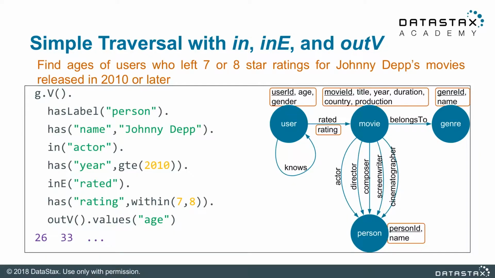Well, we can do that by again going to the Johnny Depp's person vertex, traversing incoming actor edges to movies, and applying the greater or equal than 2010 predicate on year. Moving on to incoming rated edges and making sure that ratings are either 7 or 8. Jumping to outgoing user vertices and outputting user ages.